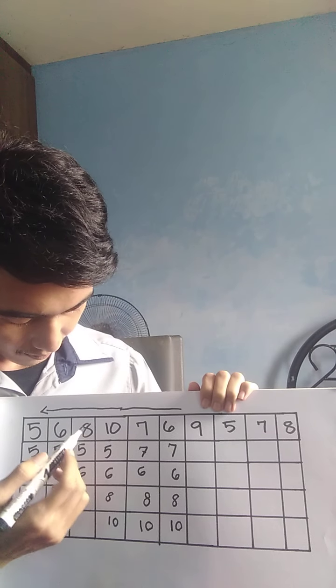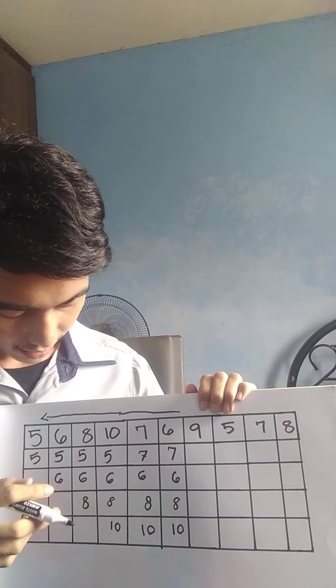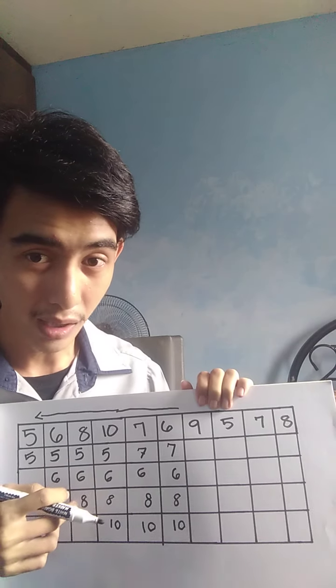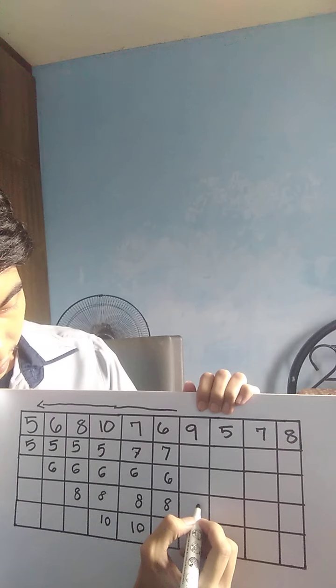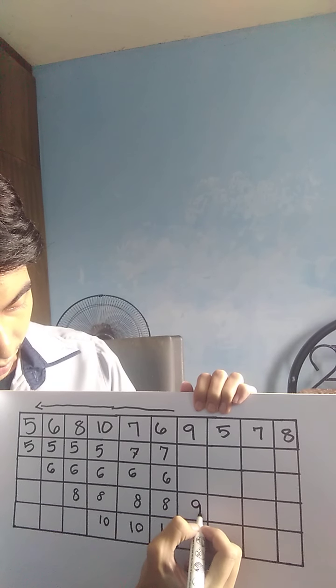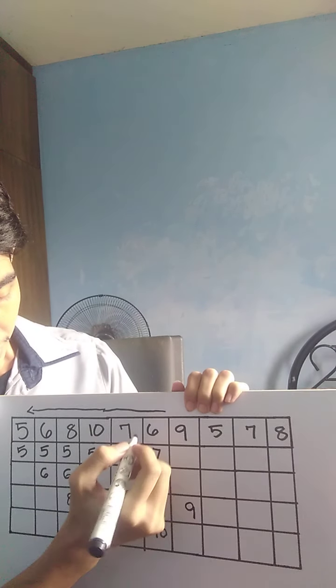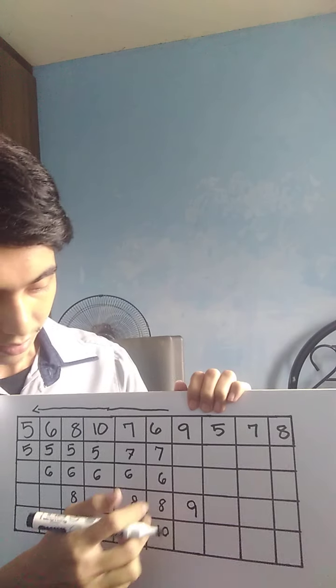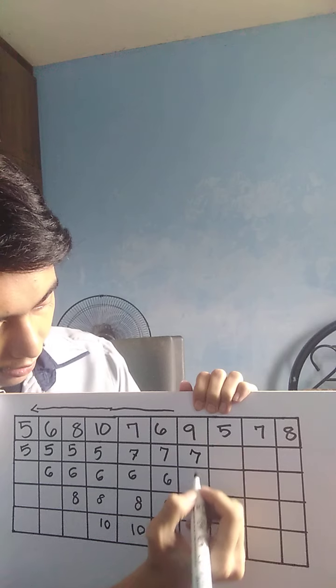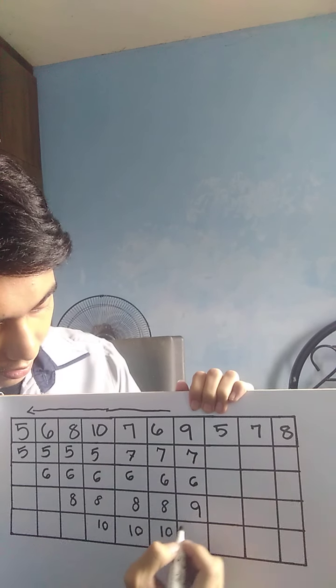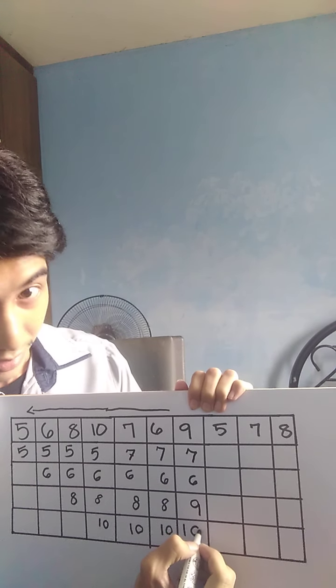So we're going to change the 8 since 8 was the farthest one. So we're going to put the 9 here and then copy the rest: 7, 6, 10.